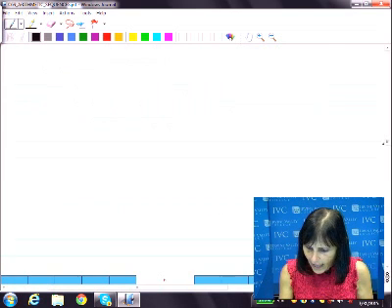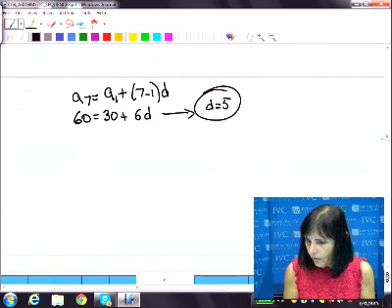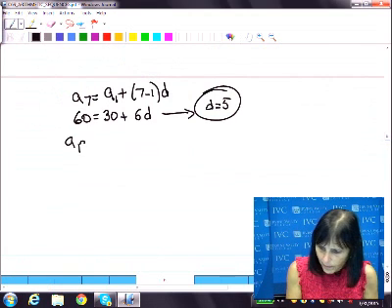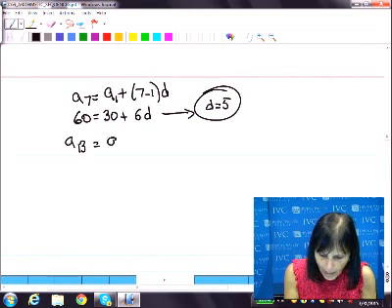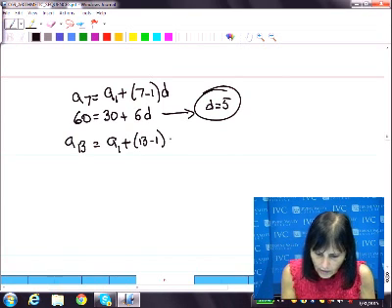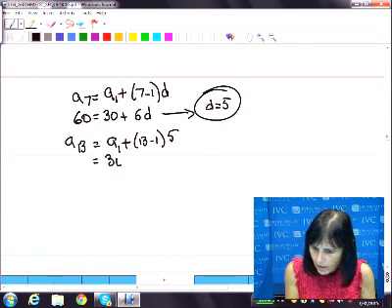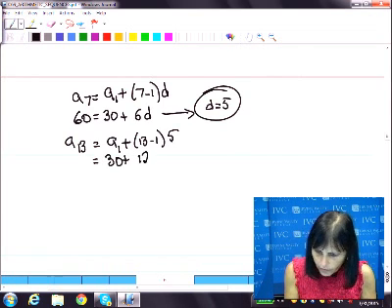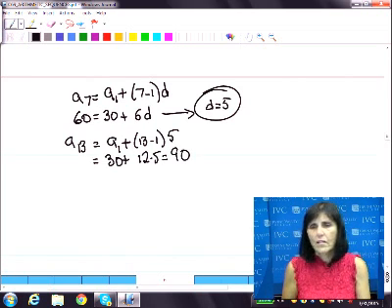Okay, now that I have that, I can find my 13th term. A13 is going to be A1 plus 13 minus 1 times D. What is my A1? 30 plus 12 times 5. That will give me 90.